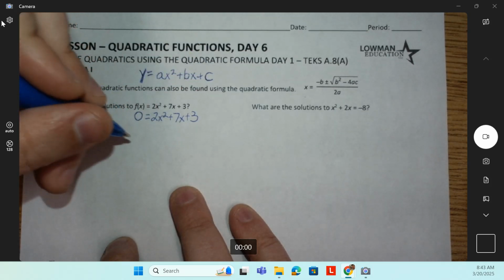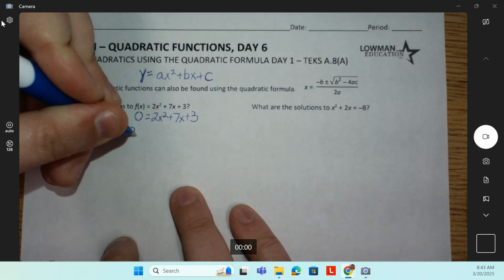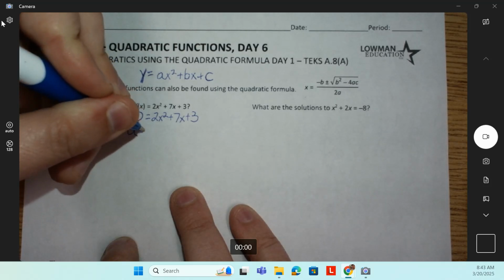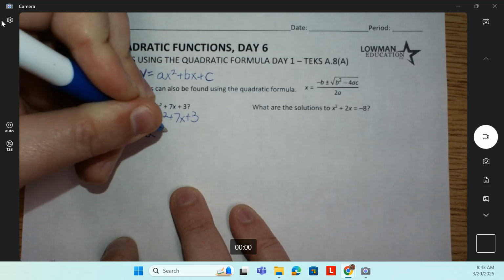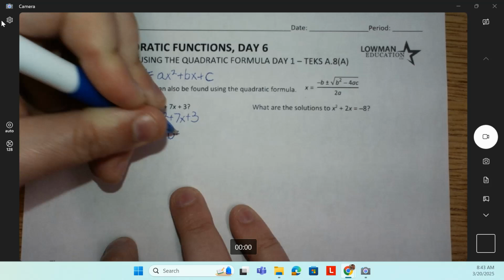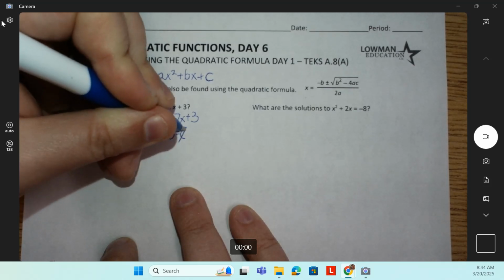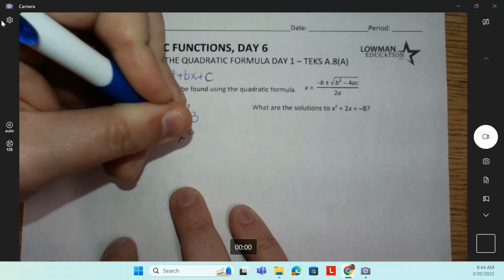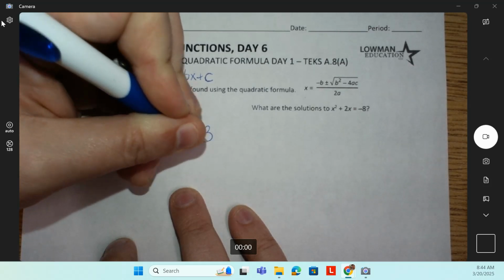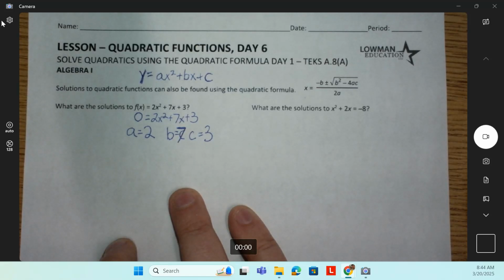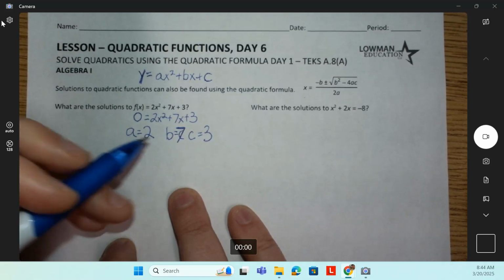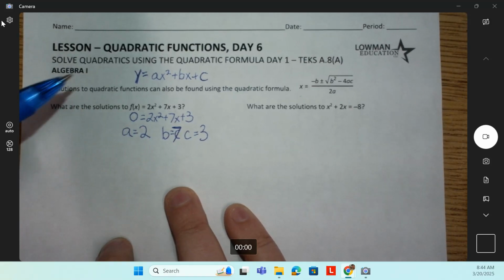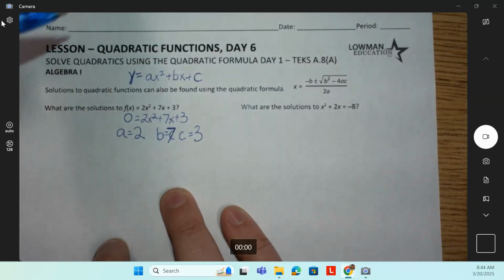So I need my 3 values. My a value is 2. My b value is 7. And my c value is 3. Once I've identified those, we're going to plug them into the quadratic formula.